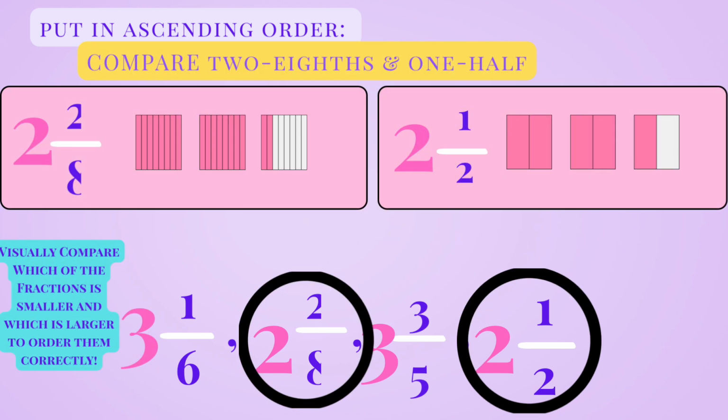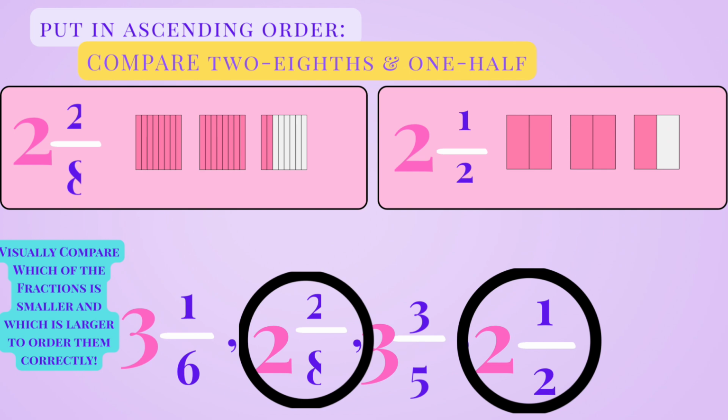We only need to figure out the order within each pair. Let's start with 2 2/8 and 2 1/2. Both have the same whole number, so we need to look at the fractional parts. It's really helpful to think about what these fractions actually represent visually. We know that a half would be exactly halfway between 2 and 3. But what about 2/8?